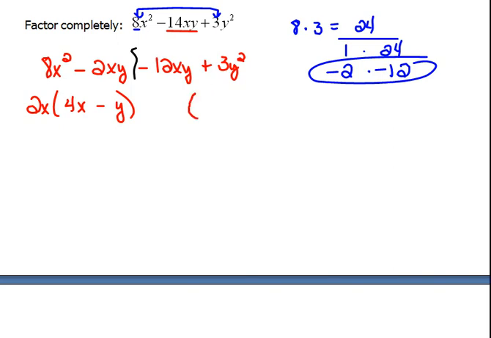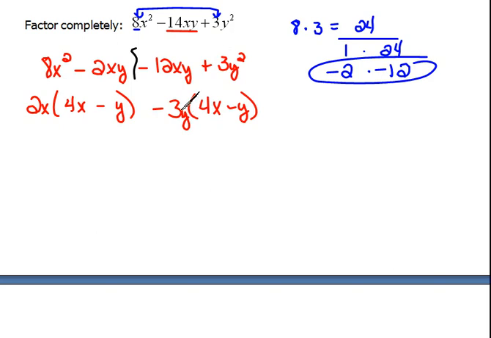You really need 4x minus y to be your other binomial factor. So what do you have to pull out of both these terms to make that happen? Well, to get a negative 12, we'd have to multiply that by negative 3. And so negative 3 times 4x would give us the negative 12x, but we still need the y.